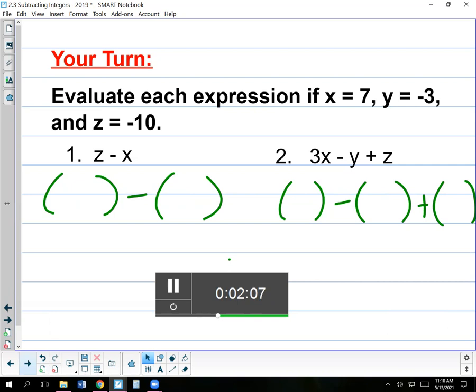Minus 3. What is this one? This is not negative, this is subtraction. Okay. So, let's rewrite it out. What about -10 minus 7? So now we're going to do, I have a -10 and a.